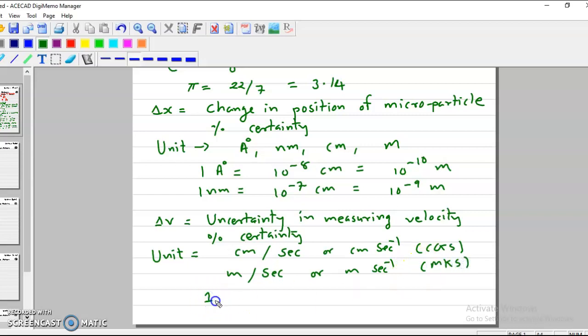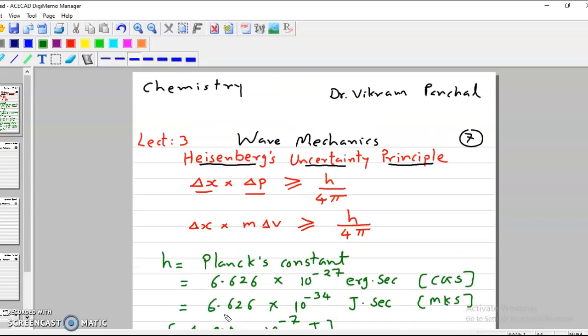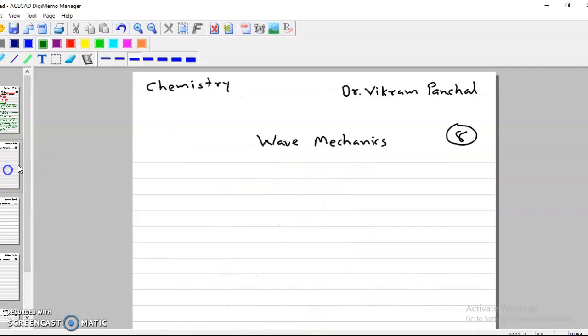And remember that 1 centimeter is equal to 10 to the power minus 2 meter. Okay, this is a conversion unit. Please remember this. Now the next part is mass of particle.